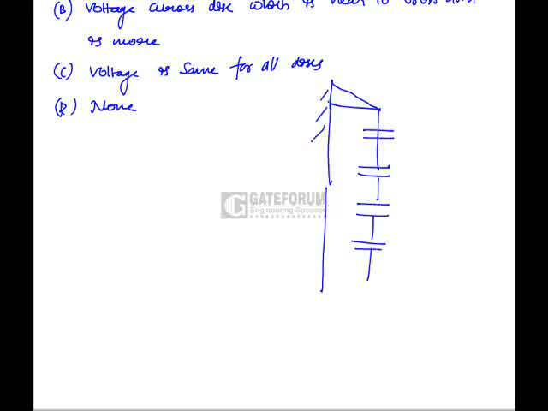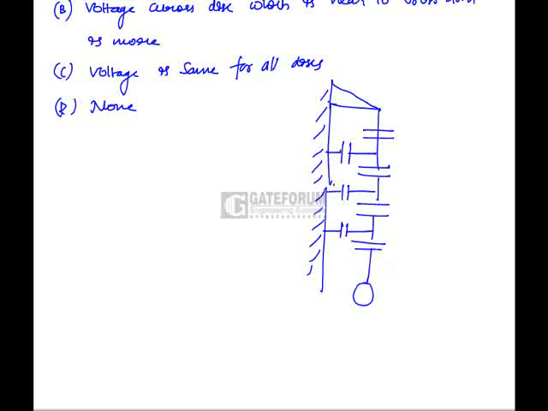Since the tower acts as a body, there will be shunt capacitance formation between the tower body and the insulator pin. This is the conductor carrying rated voltage V per phase.